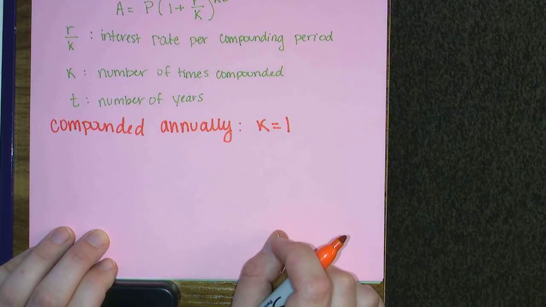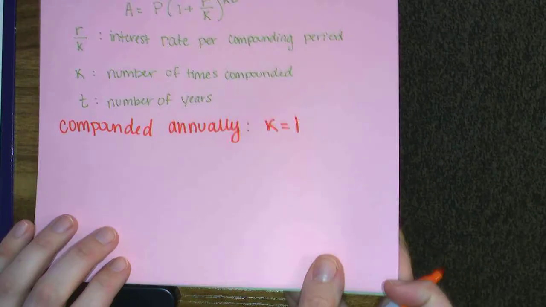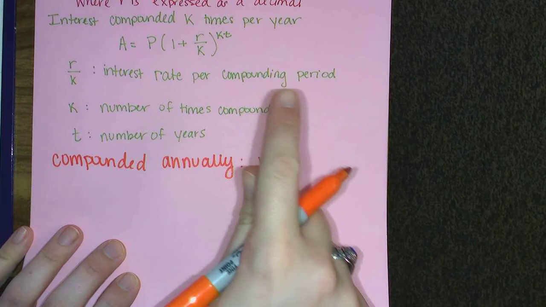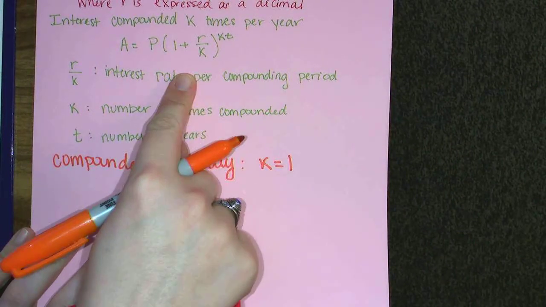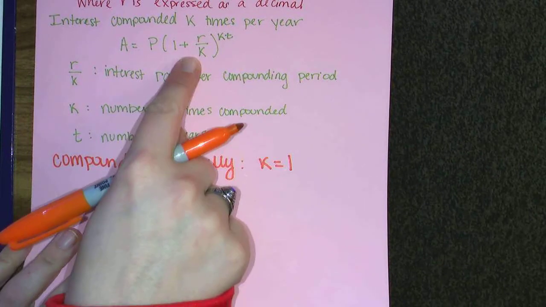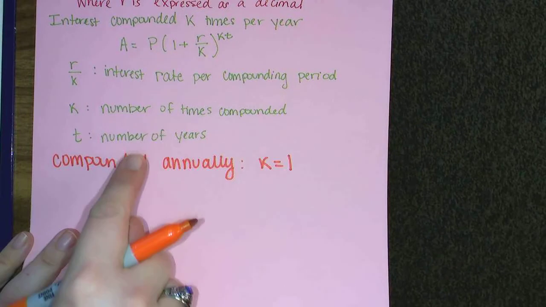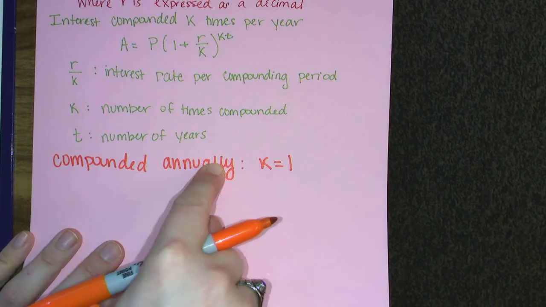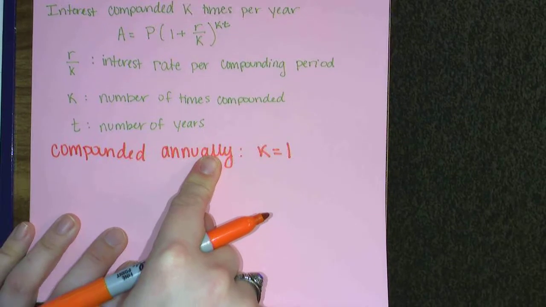Alright, so just some different words that you need to be familiar with here really quick. This formula here is for K times per year, so this is what happens to the interest rate per compounding period, so that's the R over K. The K is the number of times it's compounded, so I'm going to give you some hints as to what K is equal to when you see these words.